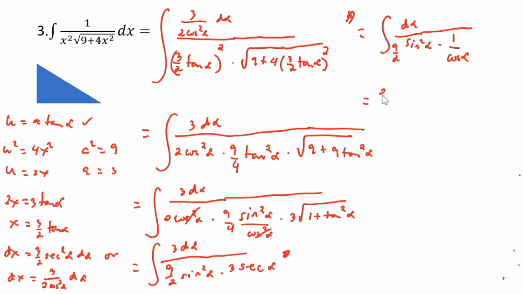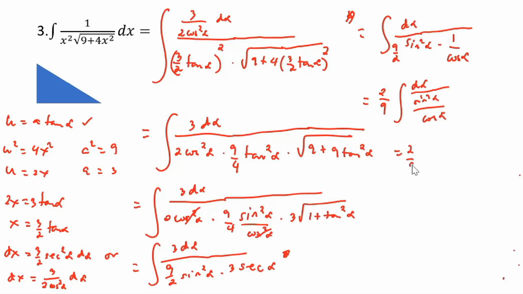So it gives us now a numerical coefficient of 2 over 9 times the integral of d alpha over sine squared alpha over cosine alpha. So simplifying further, we have d alpha divided by sine squared alpha over cosine alpha.